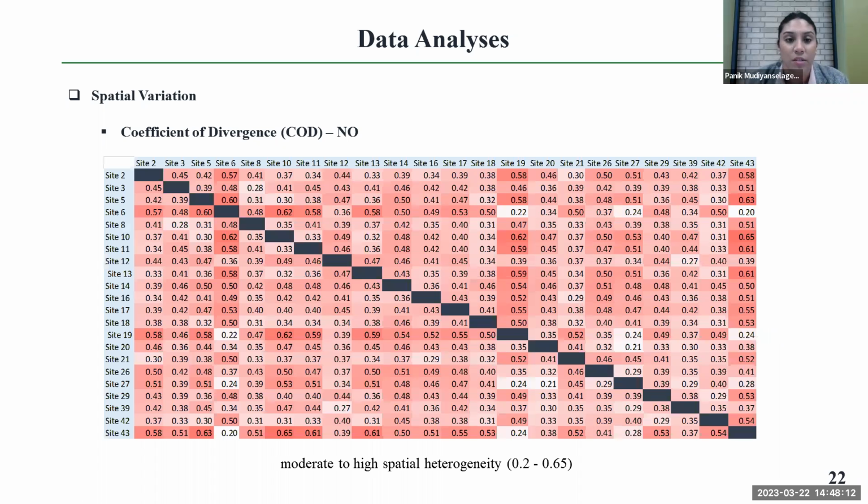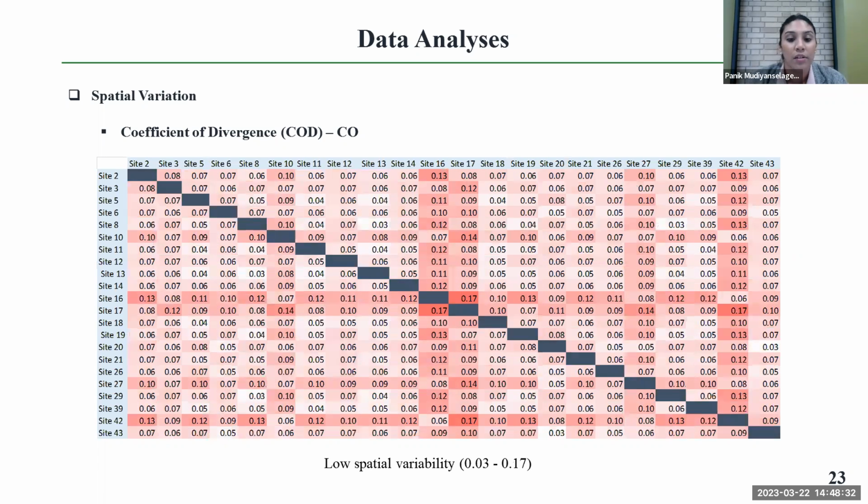Okay, so these are the results from the coefficient of divergence analysis. For NO, we observe strong spatial variability, ranging from a moderate value of 0.2, which is the threshold value, to 0.65. And then moving right along to CO, we see that the highest COD value computed is 0.17, which is lower than the threshold.